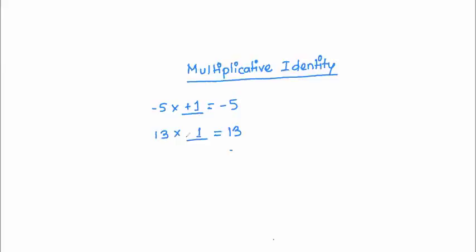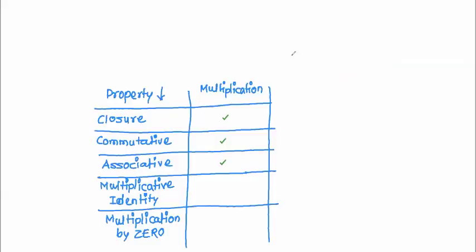Now 13 is positive, so we cannot have 1 as negative. 1 also has to be positive, and hence what we can say is 1 is our multiplicative identity. Let's update the chart. So multiplicative identity for integers is +1.